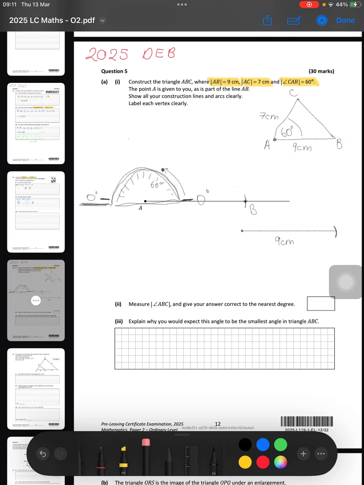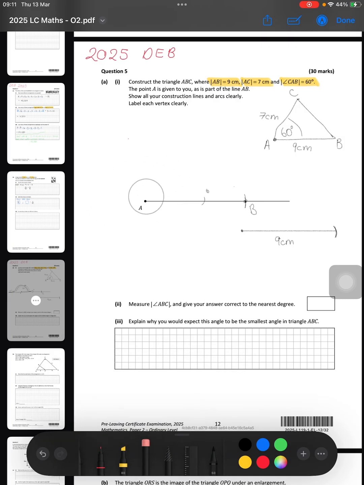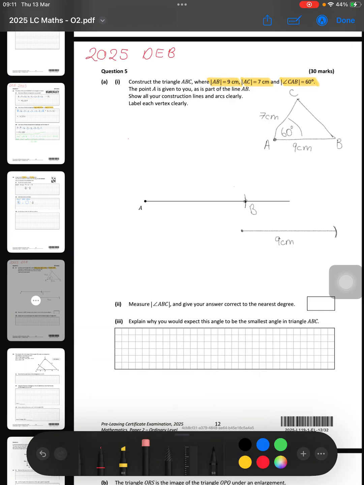Now I'm going to rub all that out so that you can see the construction lines that you're actually meant to have in this. So the protractor is here, and you follow the line up to 60 and you draw your dot.